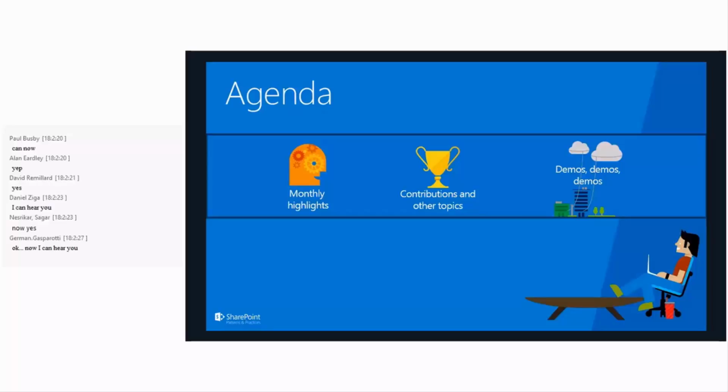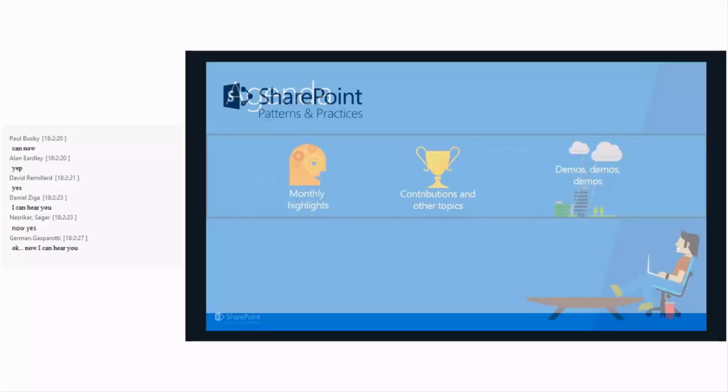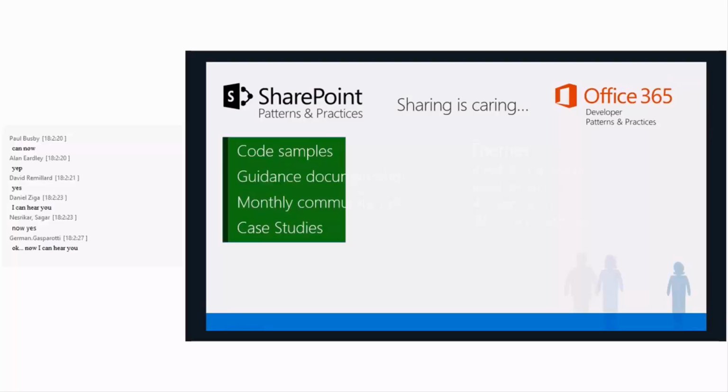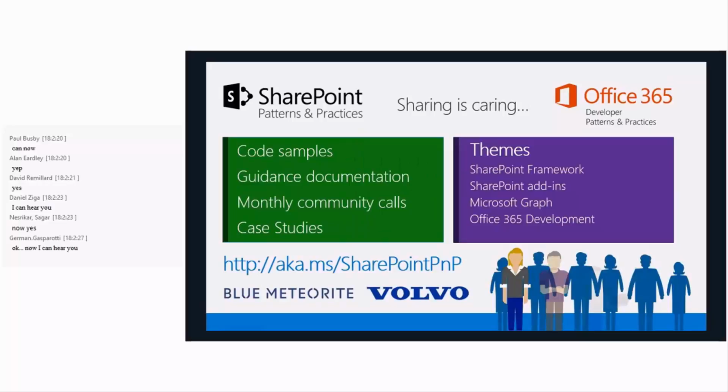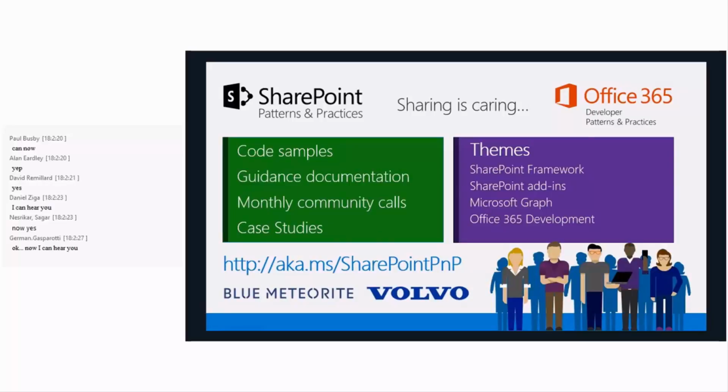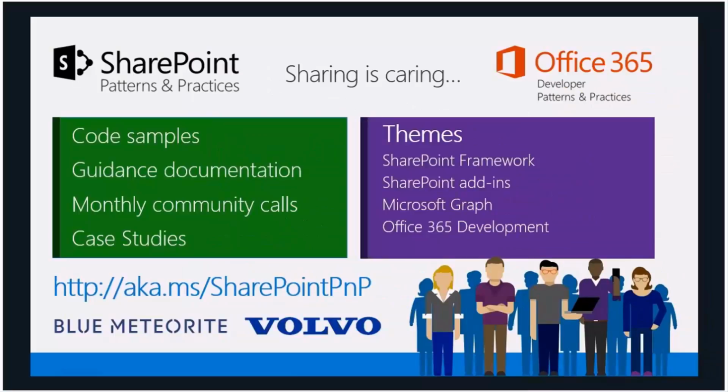Just to clarify one more time, making sure that everybody understands what PnP is all about. SharePoint Patterns and Practices, or Office 365 Developer Patterns and Practices, is a community-driven initiative where we, together with the community and Microsoft, build code samples, reusable solutions and components, and provide guidance documentation.